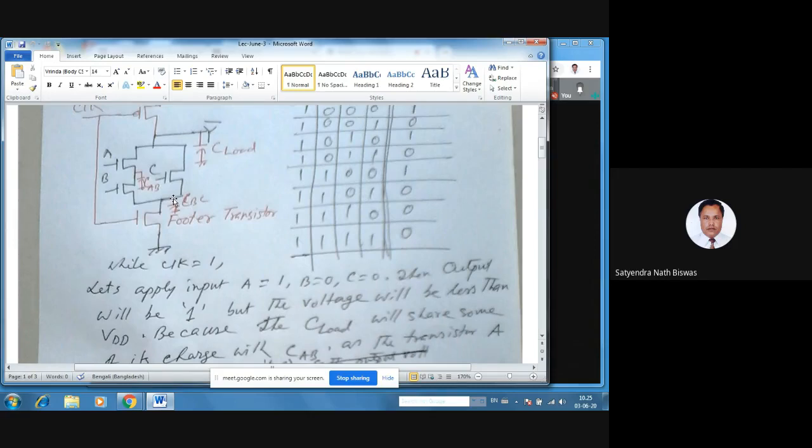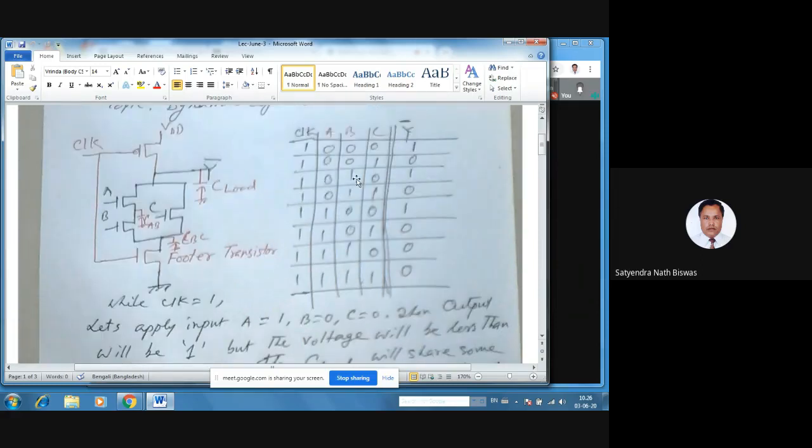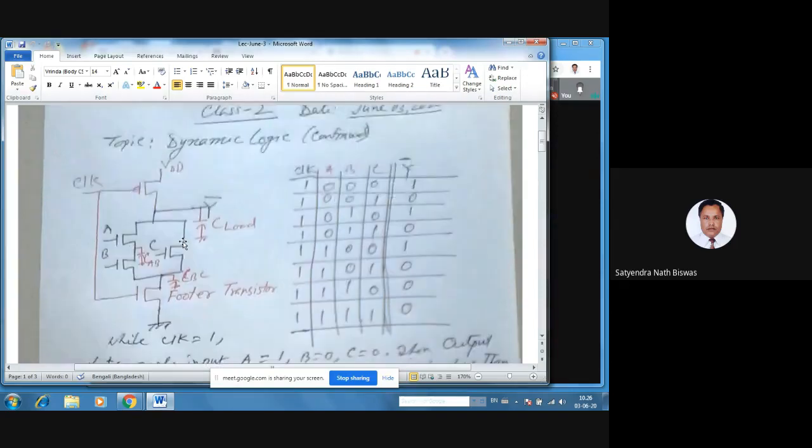And the next time when we turn off A and turn on B, let's say A is 0, B is 1 and C is 0, the third condition, the A and C transistors are off, but the B transistor is on.